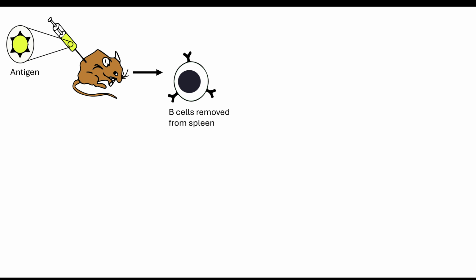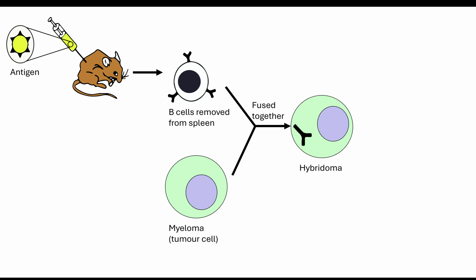Now what we do is we take that B cell and we fuse it together with a tumour cell, and that becomes what's known as a hybridoma. Remember, a tumour cell is a cell that goes through uncontrolled mitotic division.